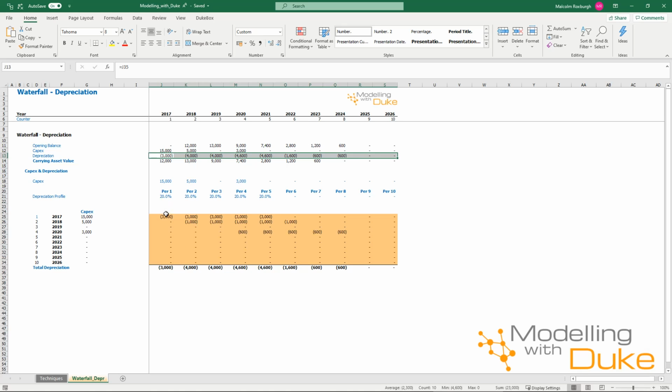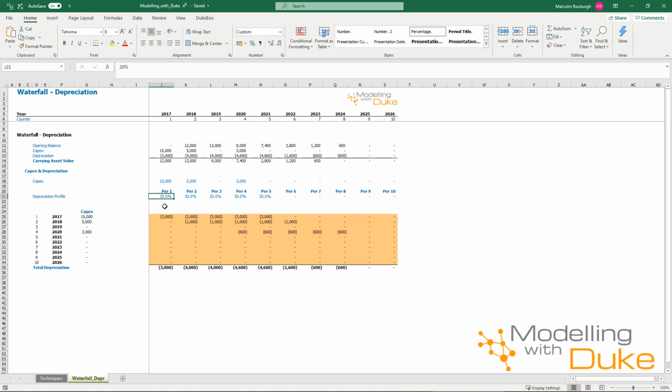So the important things we have here are our capex by year along here, and our depreciation profile, which in this case is just set up to be a 5-year straight line depreciation. But this could of course be as complicated as you like, double declining balance, for example, or any other depreciation profile.